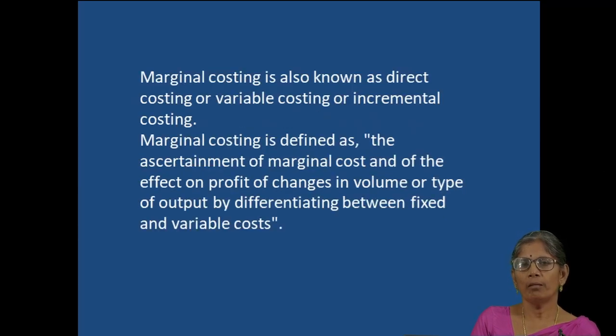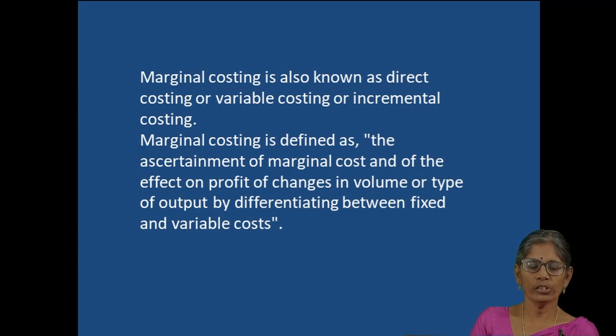Then, marginal costing. Marginal costing is defined as the ascertainment of marginal cost and of the effect on profit of changes in volume or type of output by differentiating between fixed costs and variable costs. Here, marginal costing is a broad term.